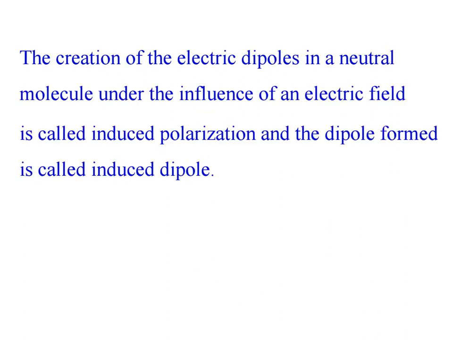The creation of electric dipoles in a neutral molecule under the influence of an electric field is called induced polarization or electric polarization, and the dipole moment formed is called induced dipole moment. So we are inducing the dipoles in the molecule, that's why we call it induced dipole or induced dipole moment.